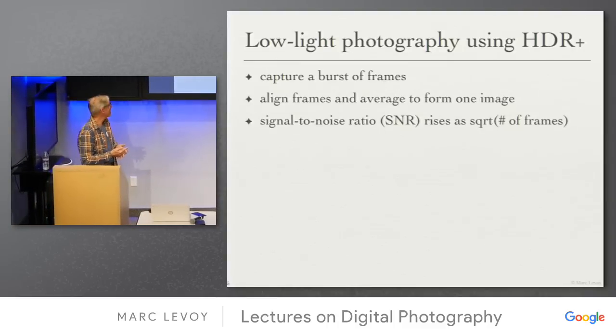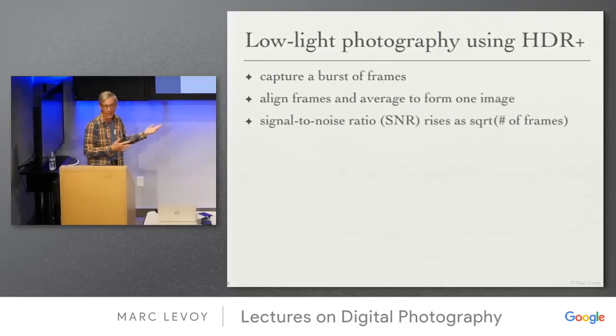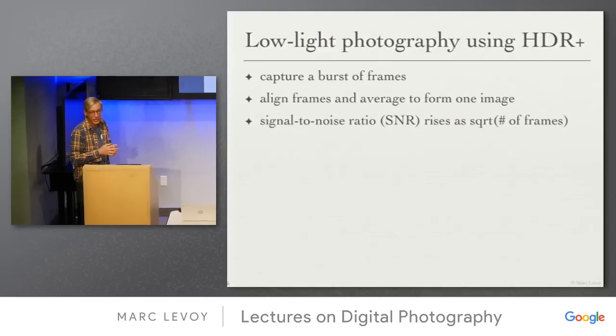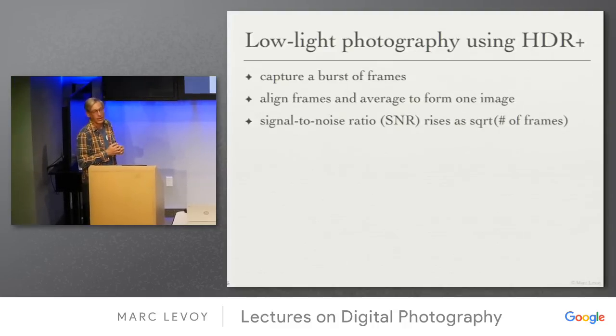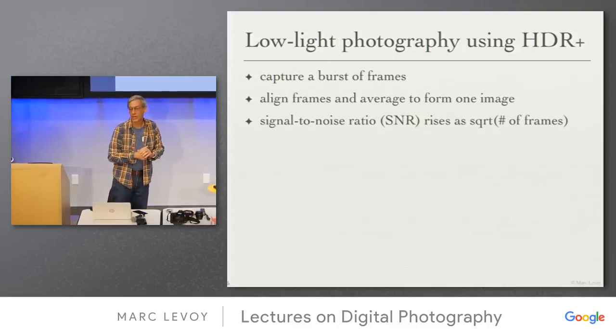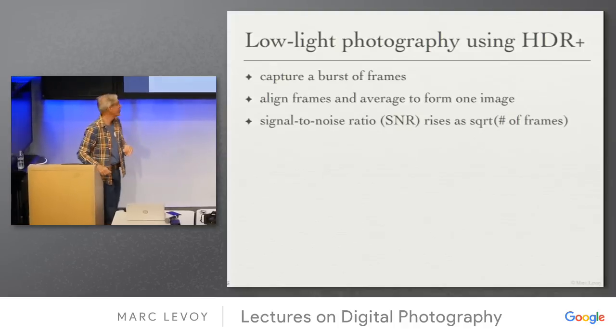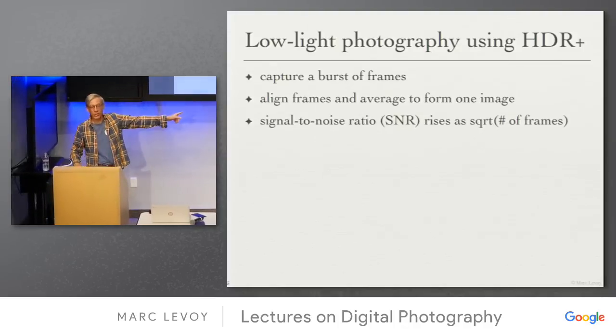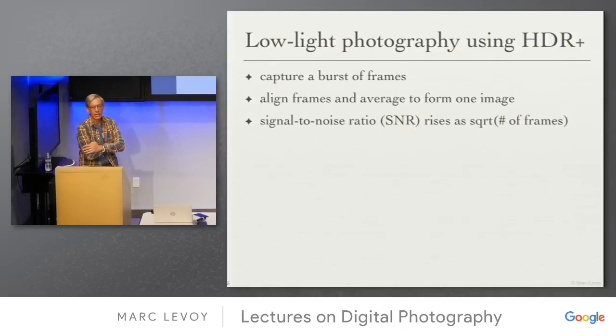The way it does it is it captures a burst of frames, might be 5 or 10 frames, depending on how much light there is, and aligns them and averages them together to form a single image. We're in the midst of publishing a paper on exactly how that works. But as we'll learn in the noise lecture, the signal-to-noise ratio rises as the square root of the number of frames, and we'll derive that mathematically.